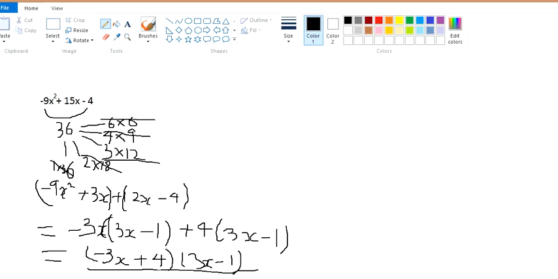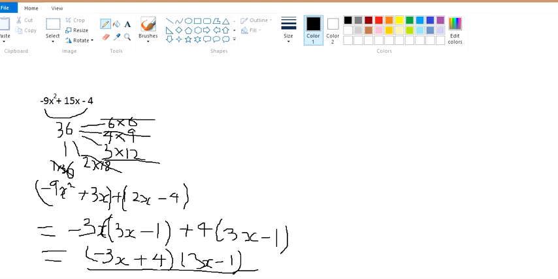A note about when you do receive a negative b value. In that case, things get slightly more complicated, but you are still applying the same method. Sorry, I misspoke.